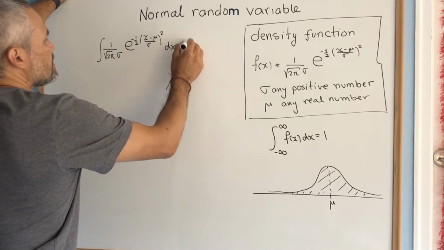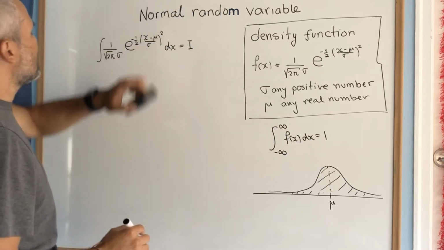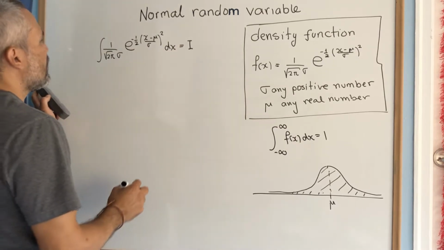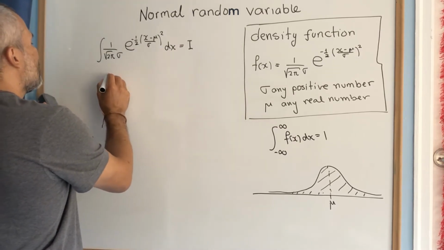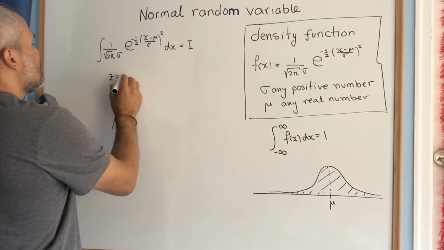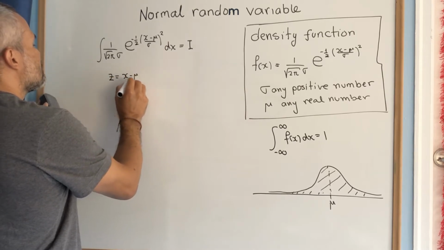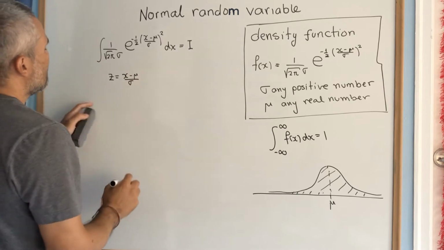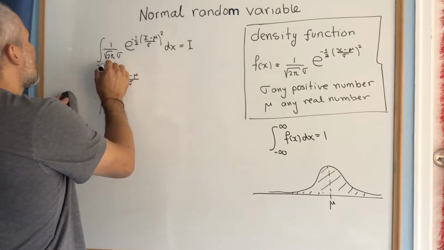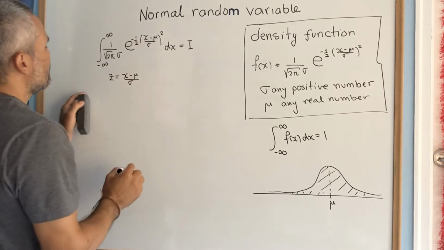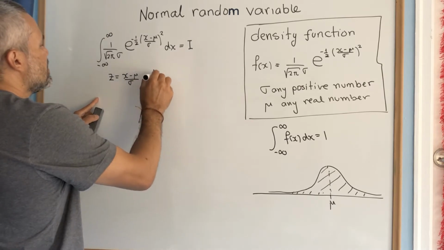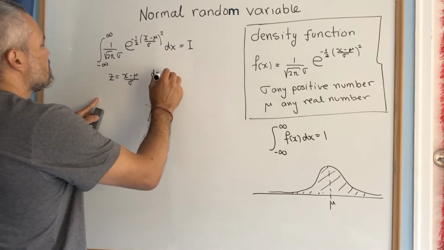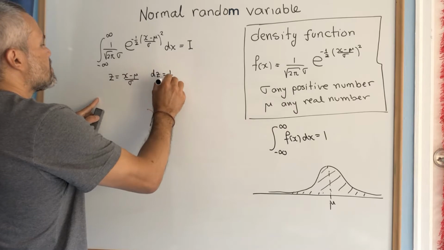Let's call this I. Let's do the following change of variables: c equals x minus mu over sigma. Here the limits are negative infinity to infinity. Then dc is just 1 over sigma dx.